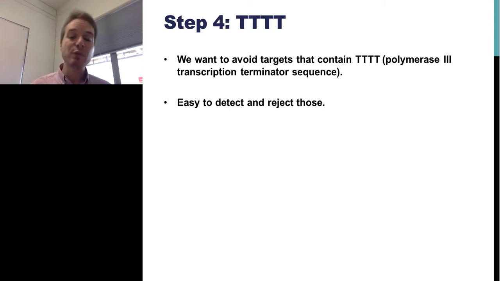And because overall the method is quite computationally expensive, it's nice to have some steps that are actually quite fast, because the more targets we reject early on, the less we have to do with them later on. So it's always worth removing things quickly where we can.